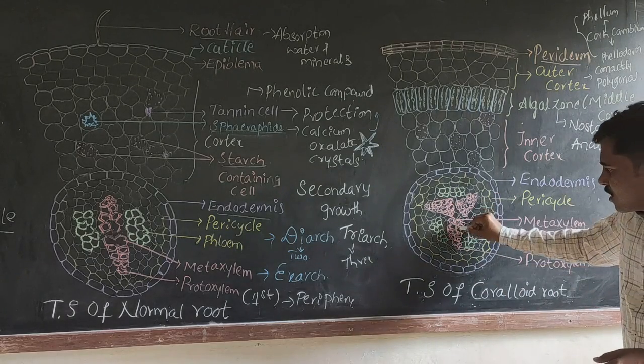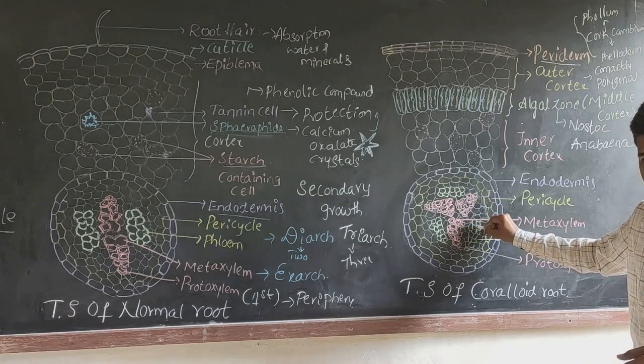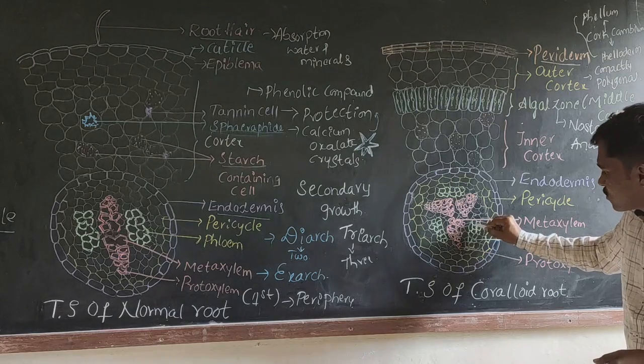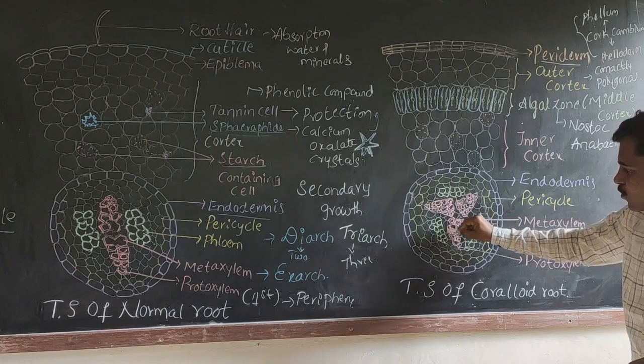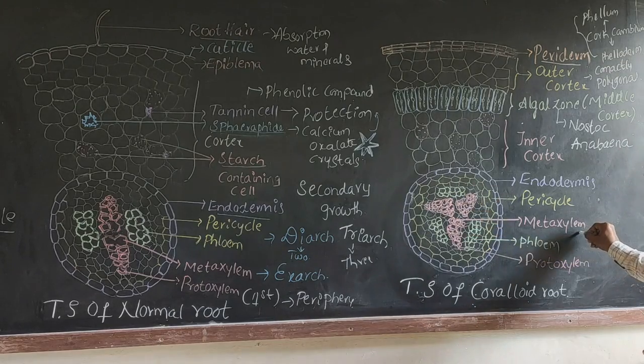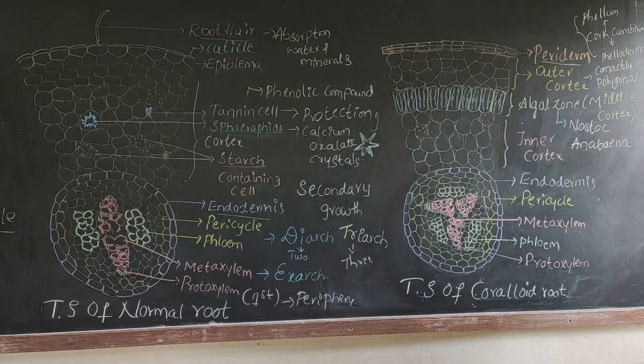Each xylem alternates with phloem; the phloem is present in an alternate position with the xylem. So this is about the stellar region of coralloid roots.